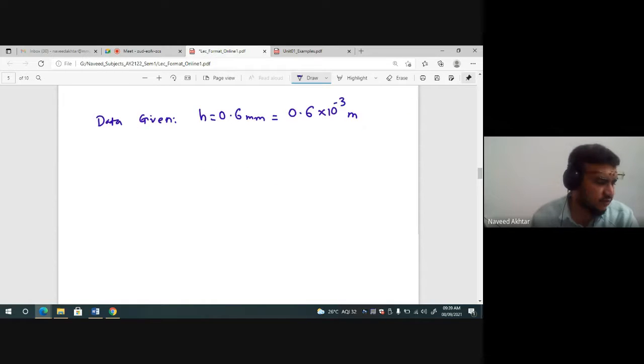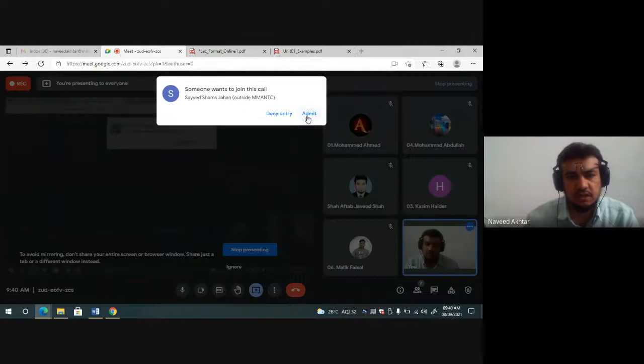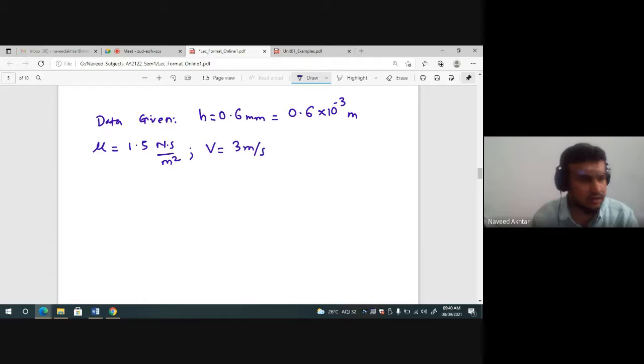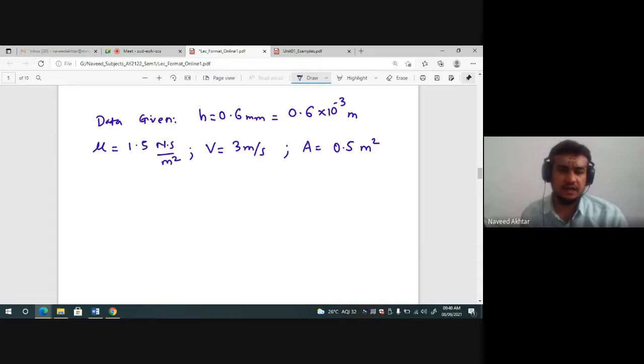Viscosity mu is also given, 1.5 Newton second per meter square. Also the velocity of the plate is 3 meter per second, and area of plate is also given, A is 0.5 meter square.